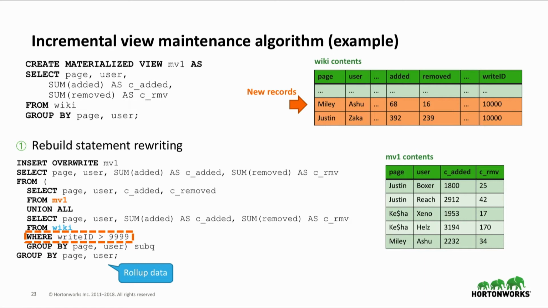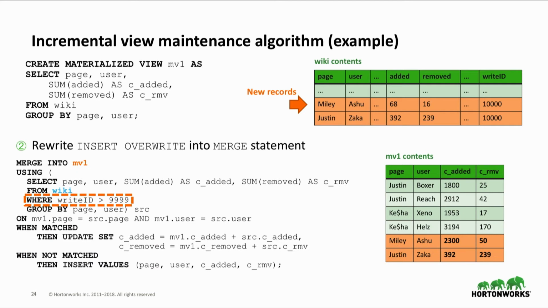But what we do is that we attempt a second step where we basically take the part that is coming from the table and we put it into something equivalent to a merge. If there are rows that match, like Miley, we will update the values. And if there are no rows that match the page and user, like Justin, we will insert a new row, right?